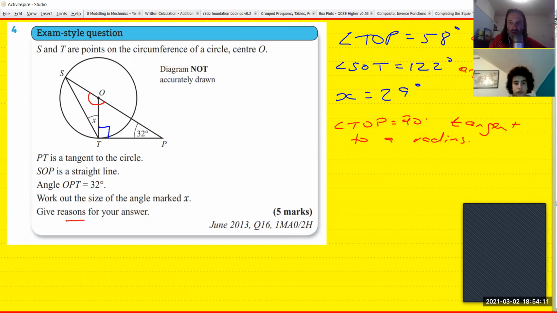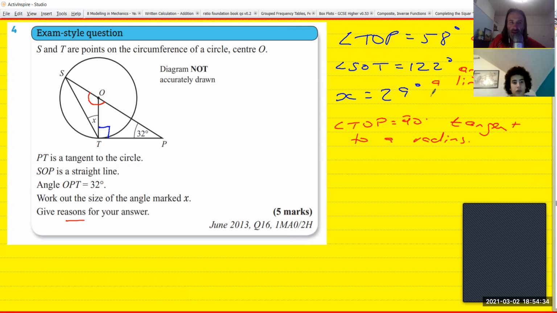And then I don't think you need to repeat saying angles in a triangle. Or maybe, how did you know that that would be half? Angles in an isosceles triangle are equal.